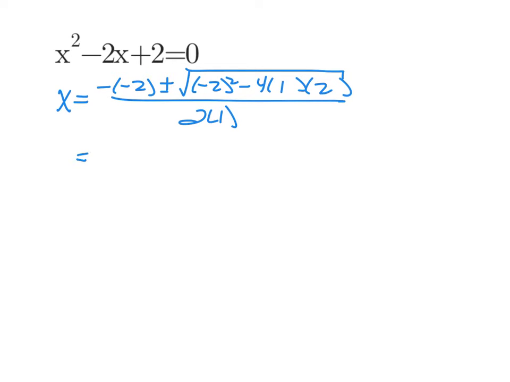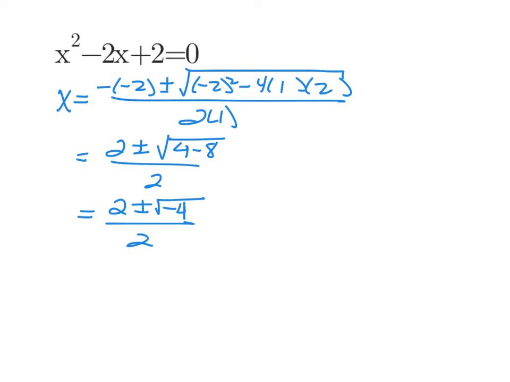And we start to simplify. We'll get 2 plus or minus the square root of negative 2 squared is 4, and 4 times 1 times 2 is 8, all over 2 times 1, which is 2. So we'll get 2 plus or minus the square root of negative 4 over 2.